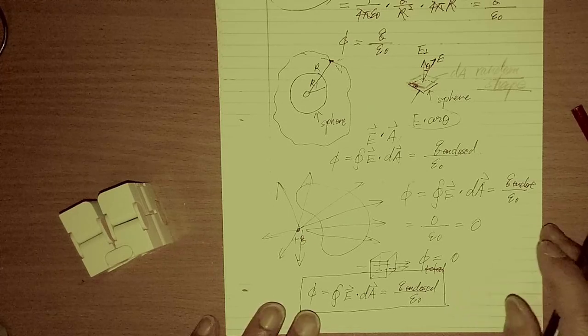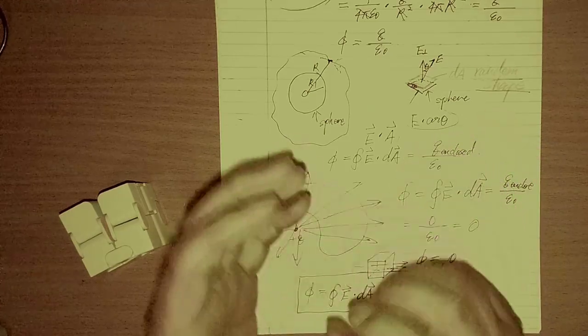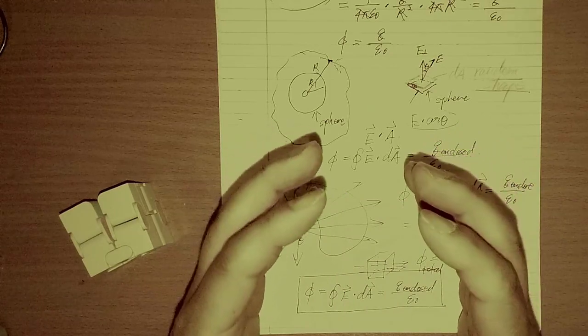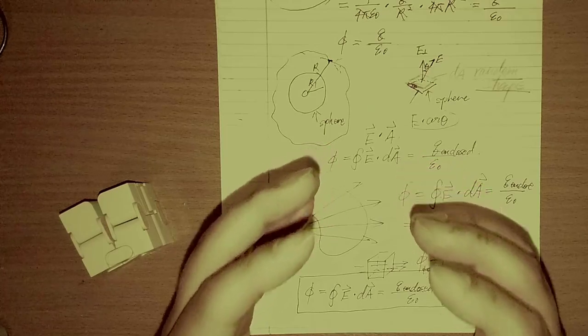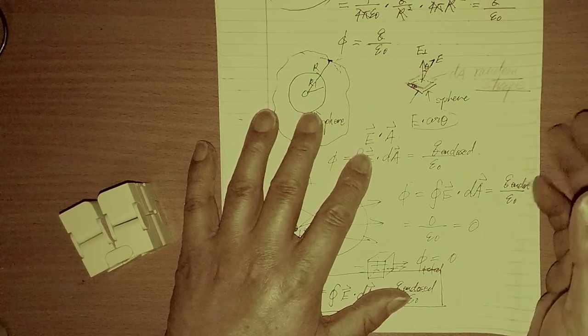This is super important, and with this in mind, it will quickly help you with related calculations. So keep that in mind. Again, for a surface enclosing a charge, the total flux will be the charge included divided by epsilon 0. That is Gauss's law.